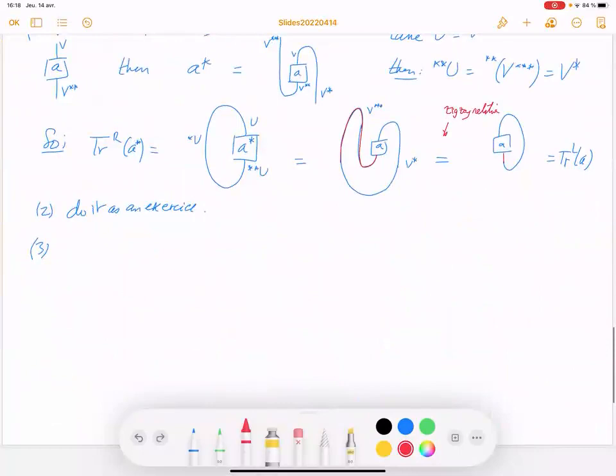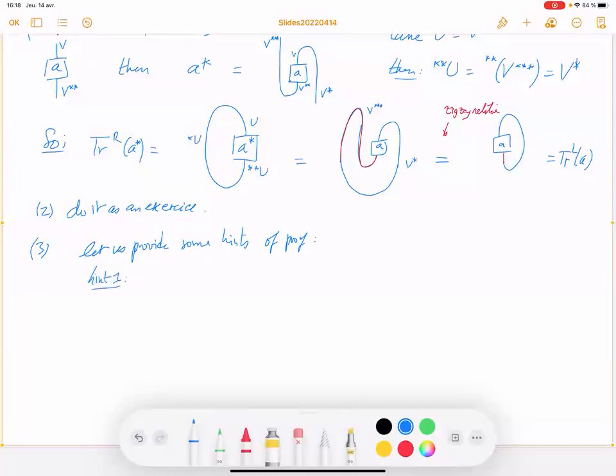Okay. So first, let us provide some hints of proof. So hint 1.